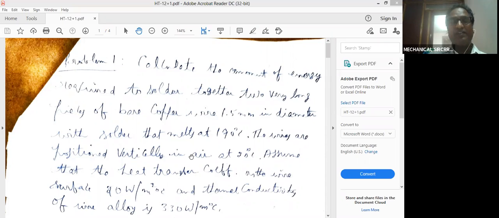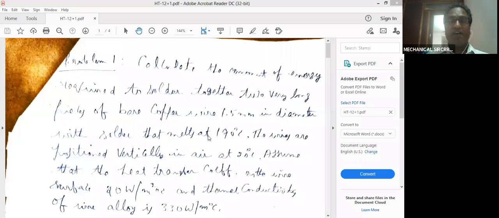We have derived two equations for the long fin. There are three types of fins: first, the long fin; second, the fin insulated at the end; and third, the short fin. Yesterday, I gave the temperature distribution equation for the long fin, and we also derived the equation for heat transfer rate through the fin.